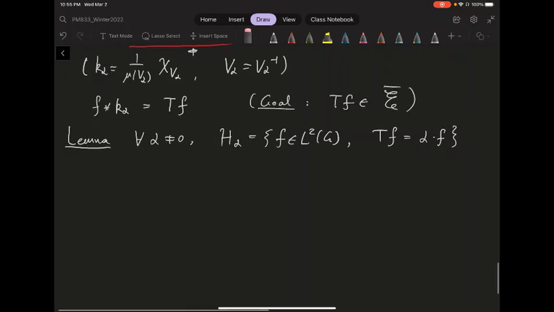Then I want to claim that each of these H alpha, as a subspace of the L2 space, is going to be contained in this E, okay?